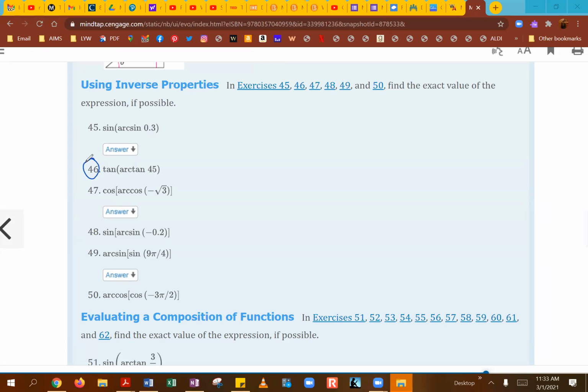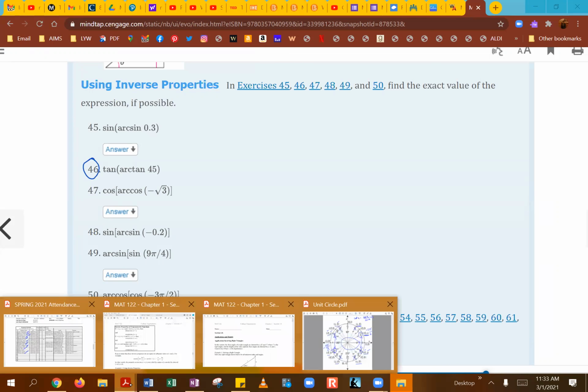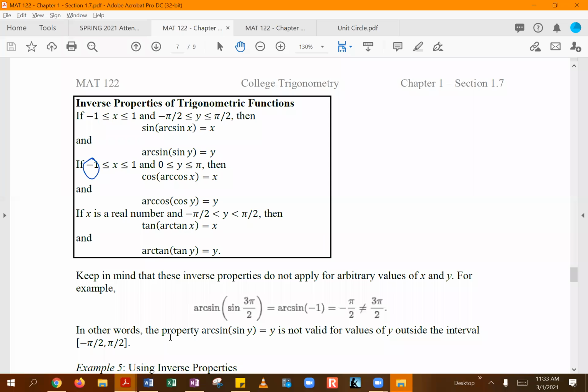So let's go back and take a look at those domain and range values for the tangent and arctangent function. So we're basically saying x should be a real number and y should be between negative pi halves and positive pi halves.